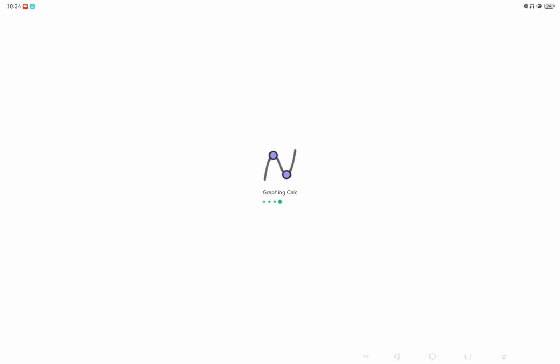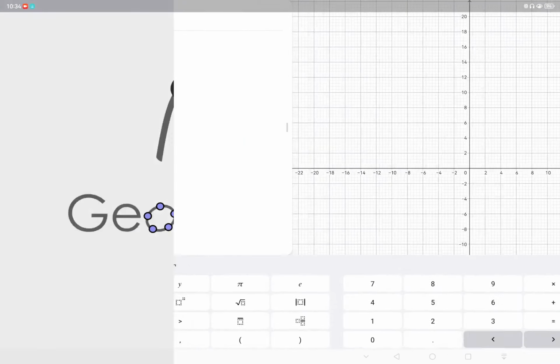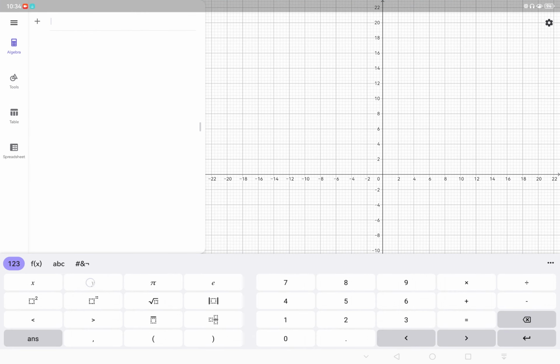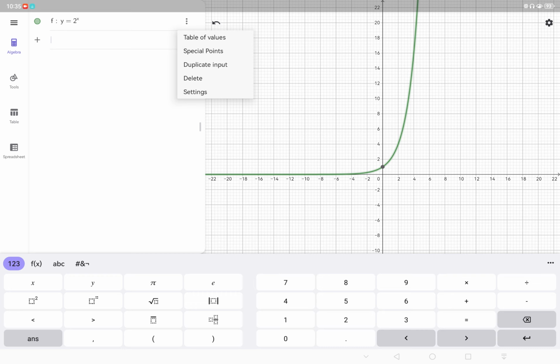So we'll open our graphing calculator. So we will graph y equals 2 raised to x. Okay, so that's the graph for y equals 2 raised to x. Now we will add another function, which is its inverse, which is y equals the logarithm of x with base 2.